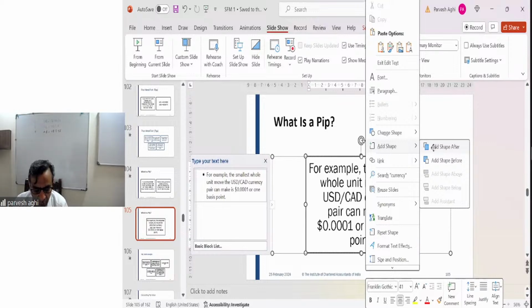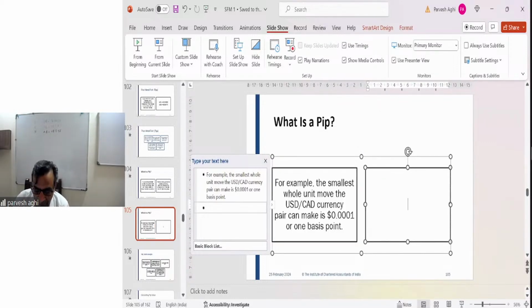For example, one Canadian dollar, I don't know what the price is today. Just let me check on Google. What is the price of the Canadian dollar versus the US dollar?